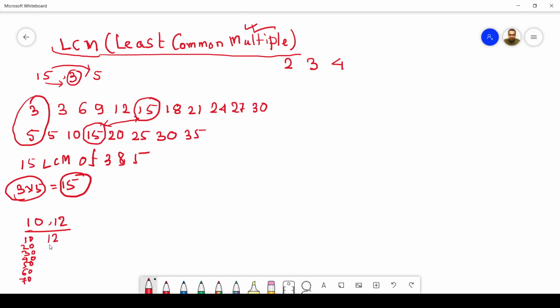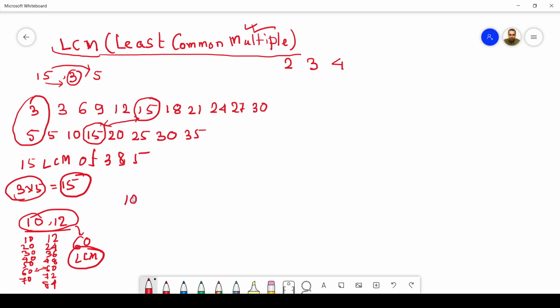Multiples of 12 are 12, 24, 36, 48, 60, 72, 84, etc. See which multiple is common to both 10 and 12. 60 is common to both 10 and 12. Therefore 60 is the LCM of 10 and 12.